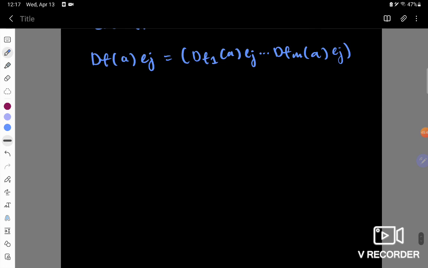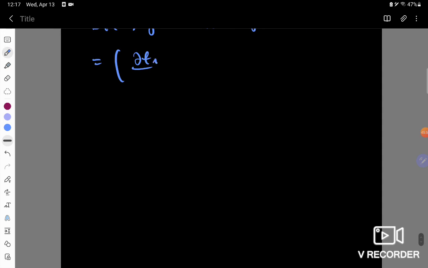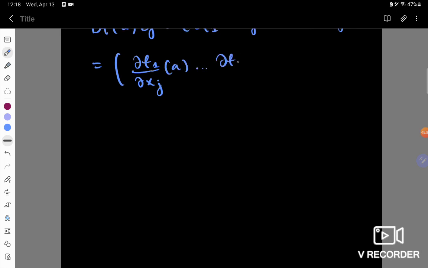And just by our notation earlier, by this action on the basis vectors, we find that this is in fact the partial derivatives of the components of f with respect to x_j at a, and so on and so forth till df_m with respect to x_j of a.